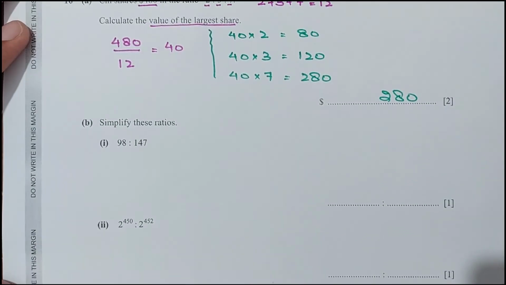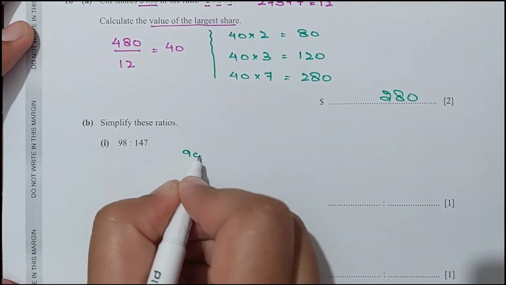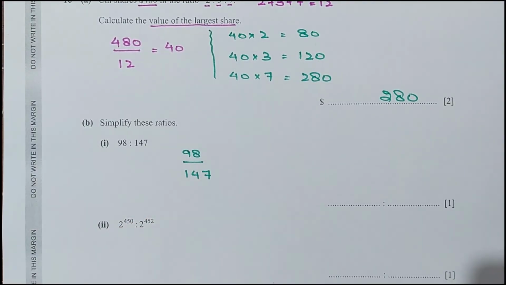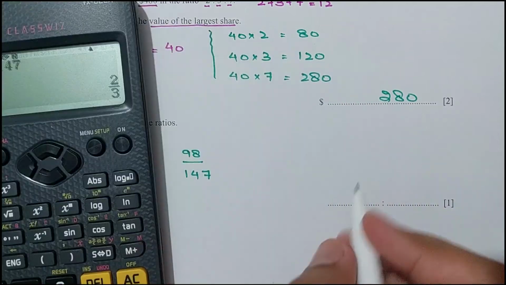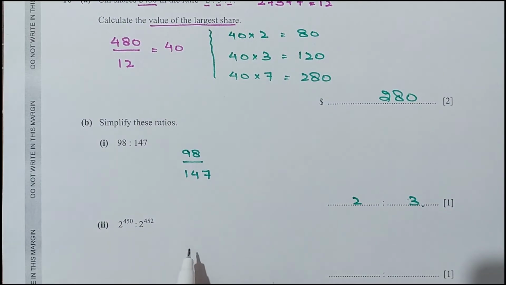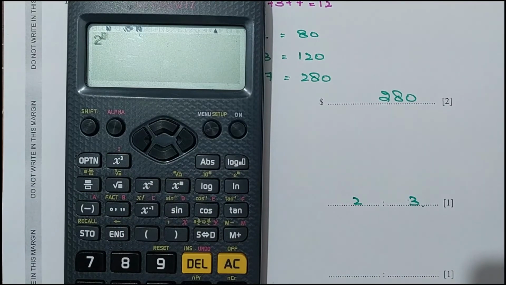Part B, simplify these ratios. Number 1, 48, 98 and 147. In its simplest form, you have to write this down by using calculator. This is 2:3. Okay, this is 2 to the power 450 divided by 2 to the power 452.